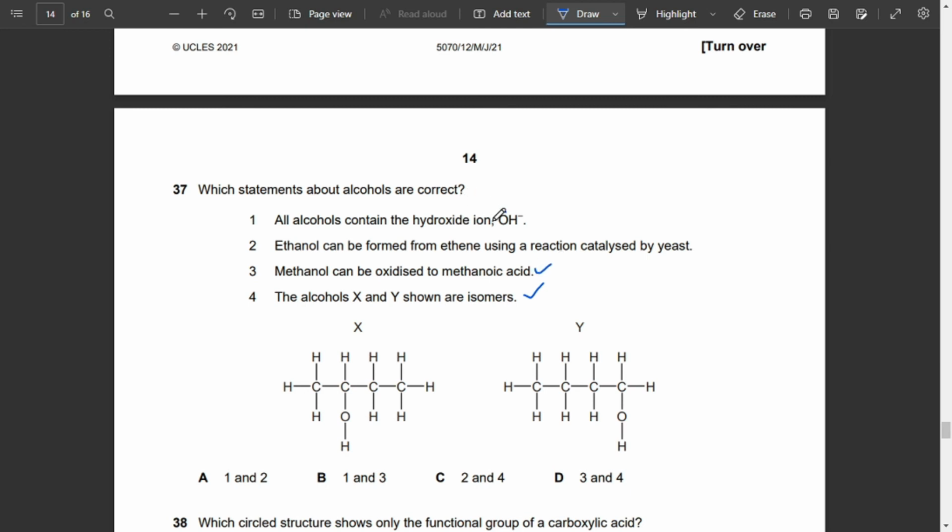Moving on to ethanol can be formed from ethene using a reaction catalyzed by yeast. Well, not really. And okay, so for this we have already got the answer, that is 3 and 4 are correct. Since we only have 2 options over here, that shows us it is correct. So for this the answer is going to be D, 3 and 4.